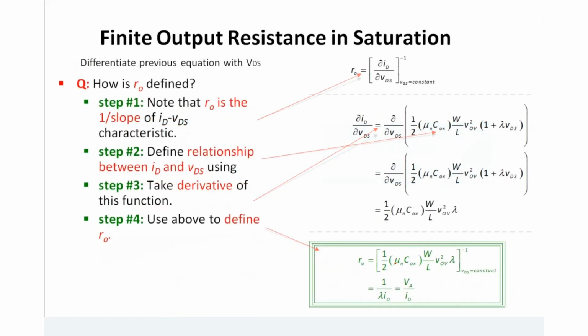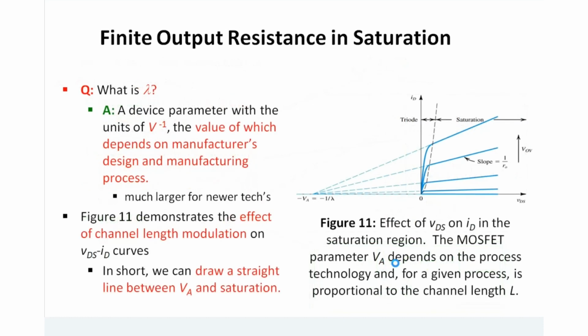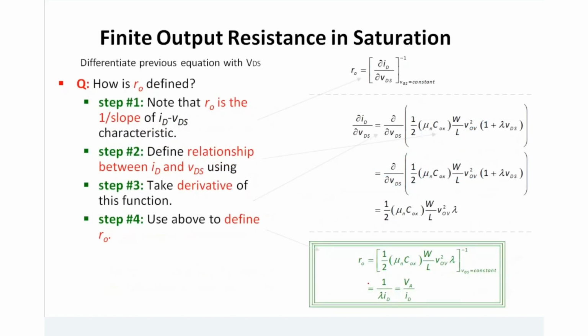Okay, that's about this particular thing. Now let's wind this up with how exactly my R naught expression looks. What is the expression of R naught? Remember, to calculate RDS, I have to take the equation of ID in the linear region and I can find RDS.